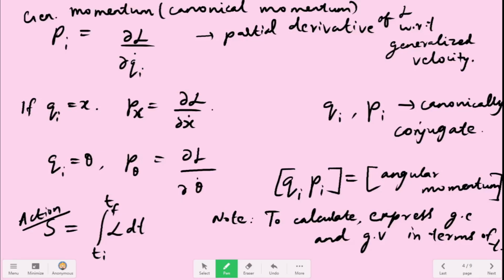Now, why do we define this quantity action S all of a sudden? What is the importance of this quantity? The importance is in the fact that we encounter this quantity S in Hamilton's principle. Now, what is Hamilton's principle?